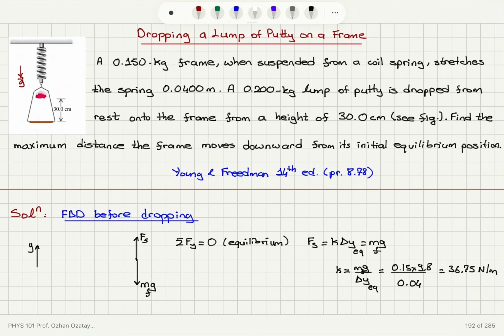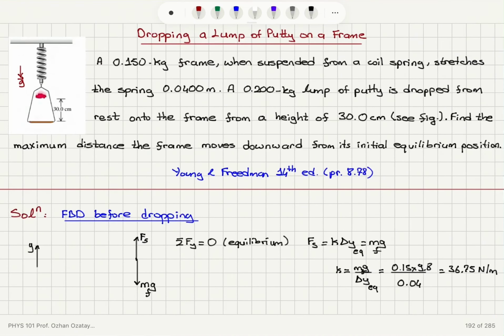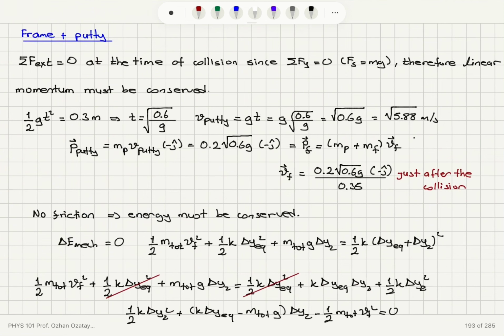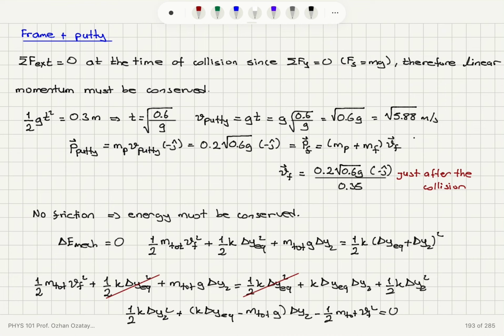Okay, so at this time, when this putty hits this frame, it exerts a force on the frame, the frame exerts a reaction force, and apart from this internal force between the putty and the frame, there is no net external force. And the free fall of the putty basically results in 1/2 g t square as the change in height of the putty, and the final speed of the putty will be g times t, because it's dropped from rest.